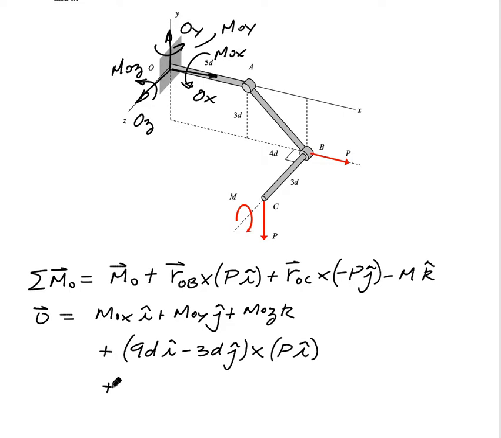ROC, that's going to be 9D in the I. It's a minus 3D in the J. And it's a 3D in the K. That is crossed with the minus PJ. And of course, we have the minus MK.